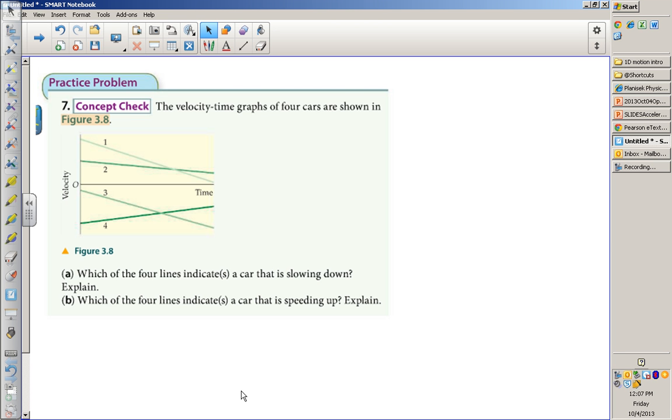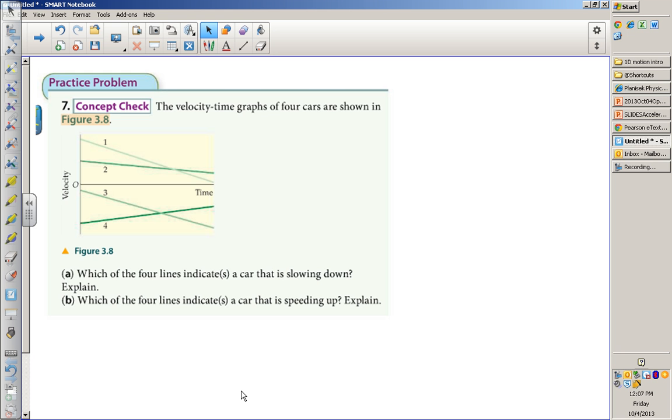But this velocity versus time graph tells you what instead? What does a velocity time graph tell you? How fast it's going, but also which direction it's going.